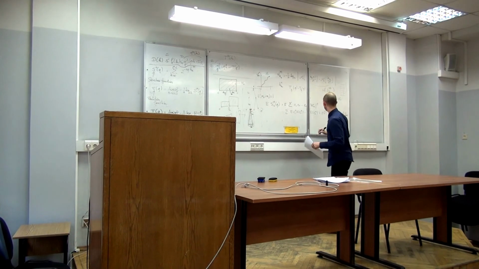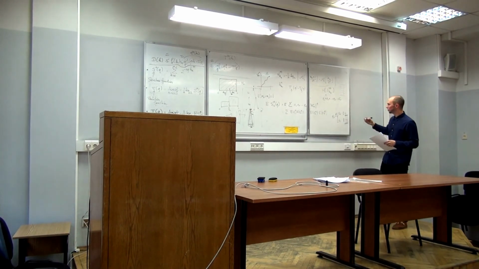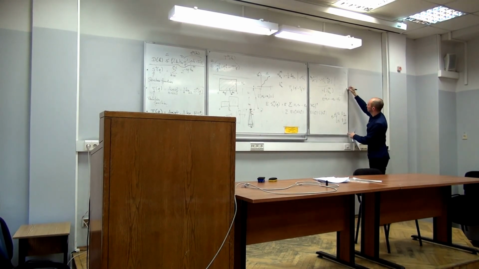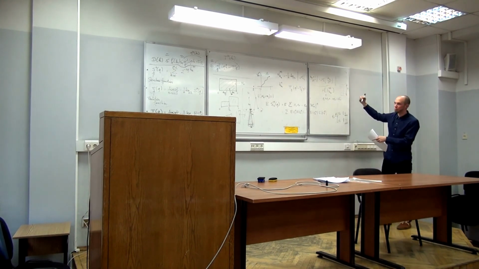So how many ways can we choose out of n objects? We've got n generations. How many ways can we choose k times rho naught? We end up with the binomial distribution, right?